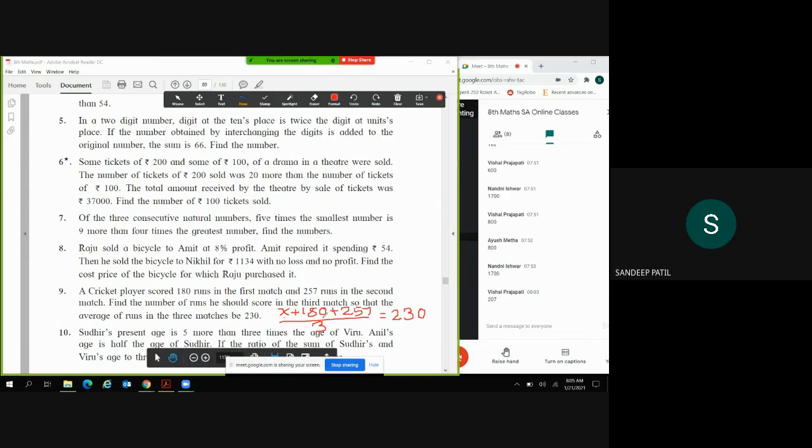So x plus 180 plus 257 divided by 3 is equal to 230. राइट। सो डिवाइड बाय 3 क्यों किए, क्योंकि हमने ये 3 मैच का एवरेज निकालना है, और इज इक्वल टू 230। 230 इज दैट दे वांटेड टू मेक एन एवरेज। सो अगर हम 230 इंटू 3 कर देंगे तो क्या आएगा आंसर? व्हाट इज द आंसर हियर?